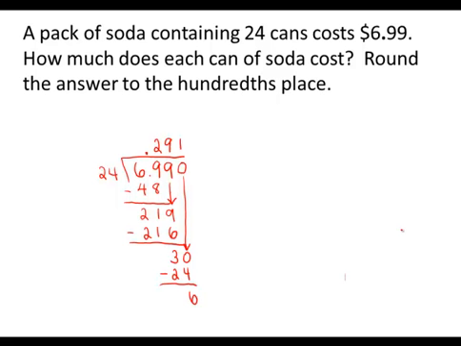I use the thousandths digit to help me round to the hundredths place. Since 1 is less than 5, I keep the 9 and I end my decimal after the hundredths place. So each can of soda costs 29 cents.